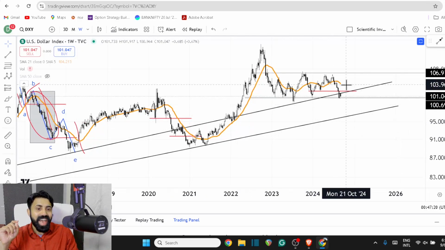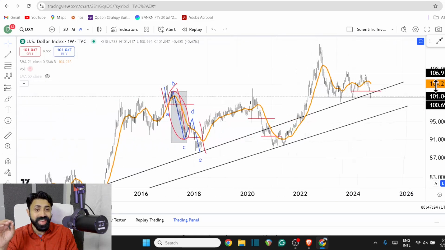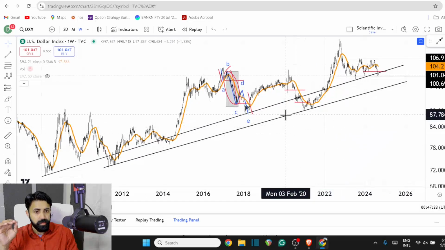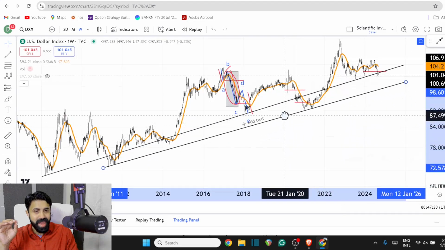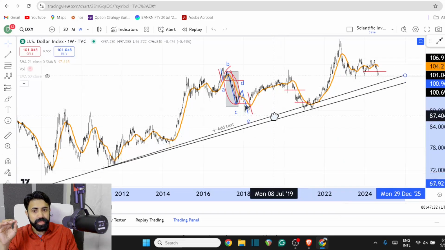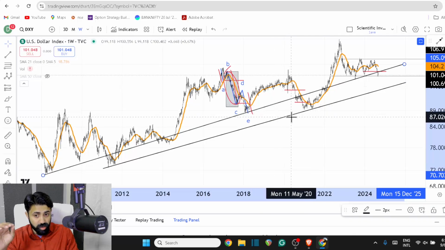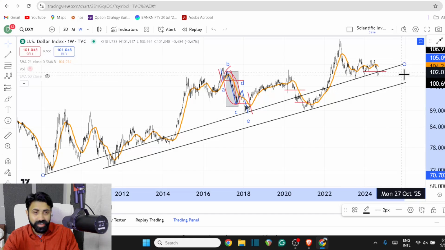Now, at present, you're watching one of that support range breaking. And it's not only that. The macro support remains here. This is your macro trend line support, and this is your standard deviation. On a macro, when you take the last 10, 15 years, that's your standard deviation.